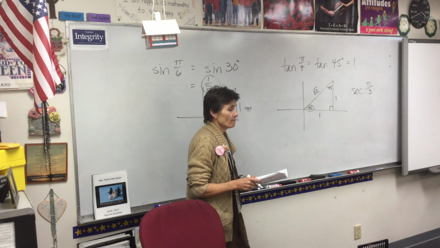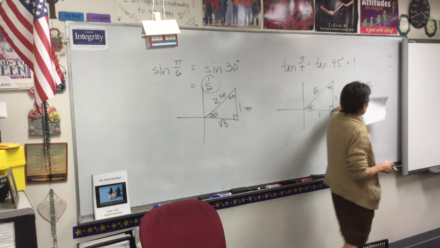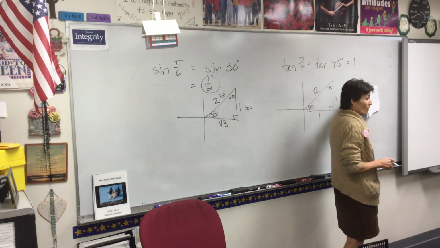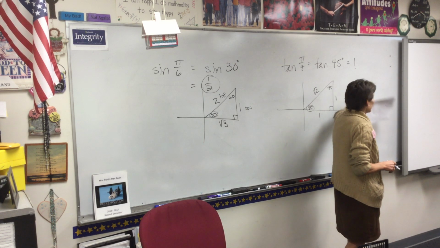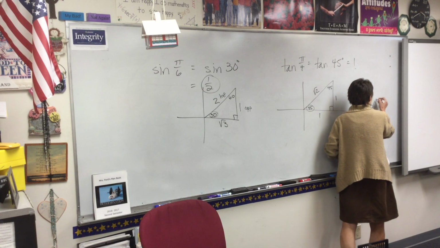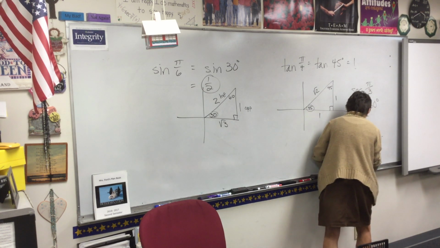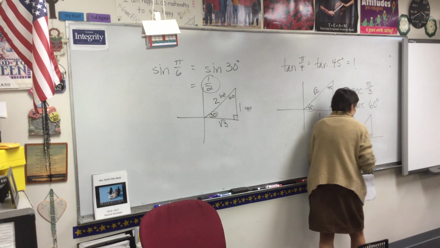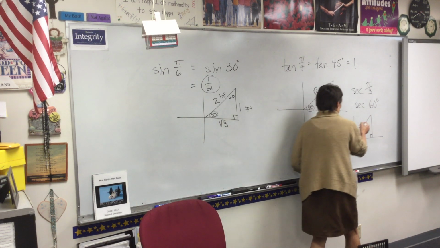What's pi over 3? 60? How do we know it's 60? Because we know pi is 180. Pi radians are 180 degrees. So we've got 180 divided by 3. We're finding the secant of 60. So we're going to draw our triangle exactly the way we always draw it. We're going to put 60 right there. This one up here would be 30.